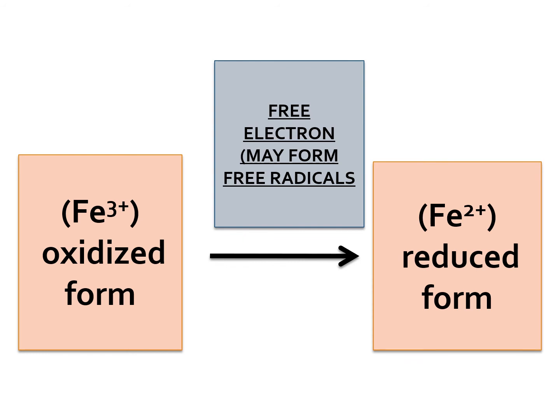Okay, and that can be harmful to our cells, like your RBCs. Whereas if we have ferrous form, the electrons there are paired. Of course it's an even number, number 2. So the electrons are paired with ferrous form of iron. But with ferric, there is a free electron, and that free electron can form free radicals that can damage our cells.